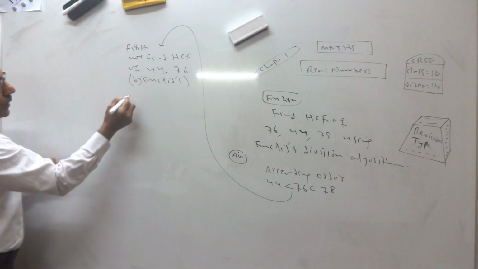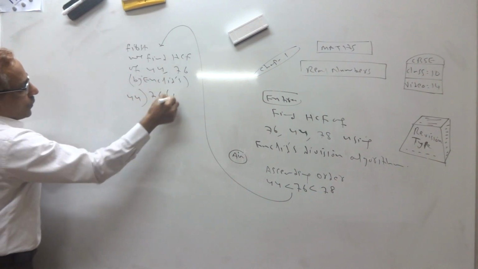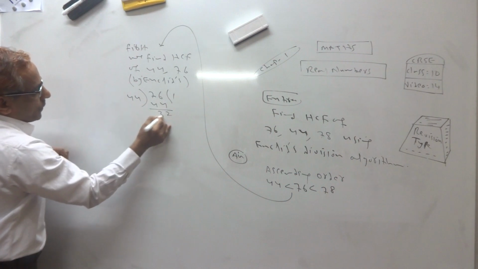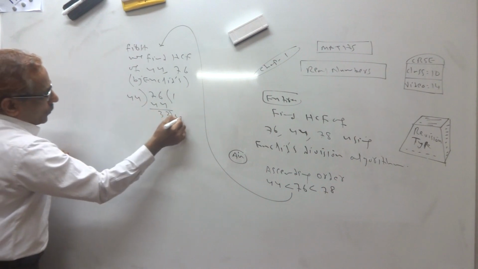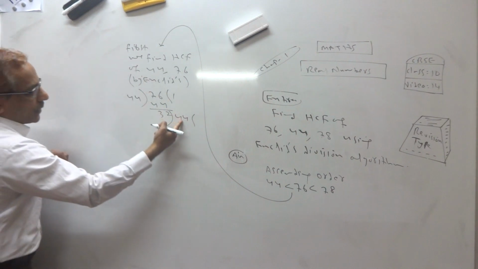So 76 is divided by 44. 44 ones are 44. Then we write 44 here. You know this method.